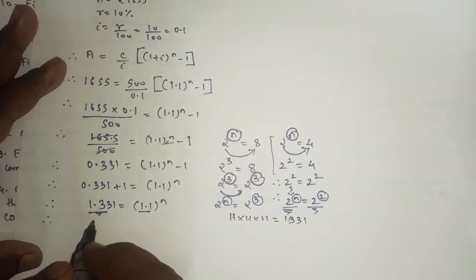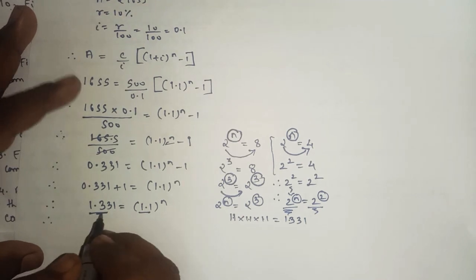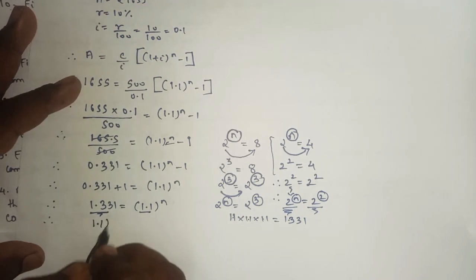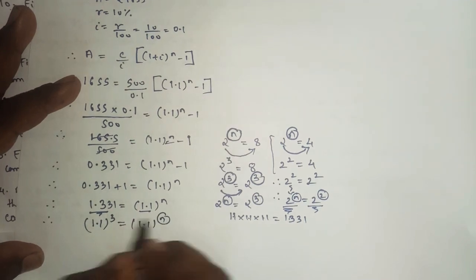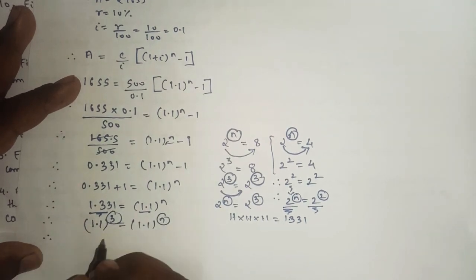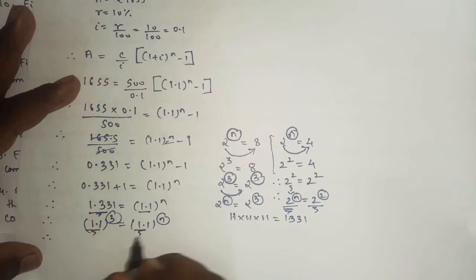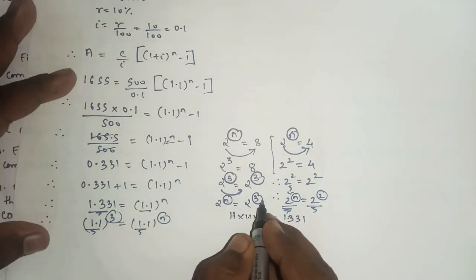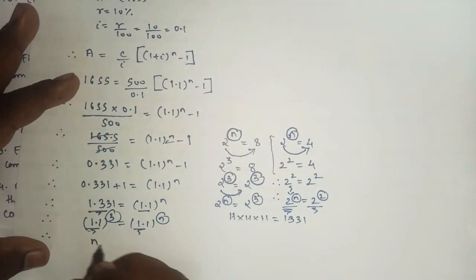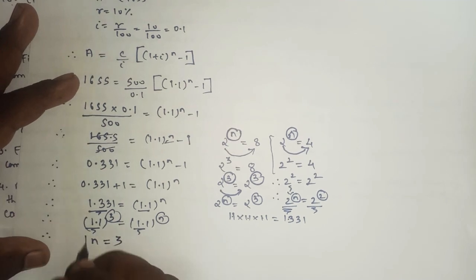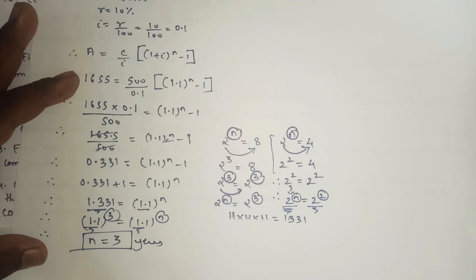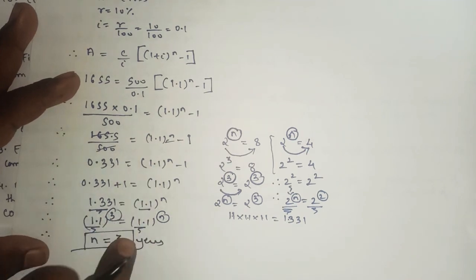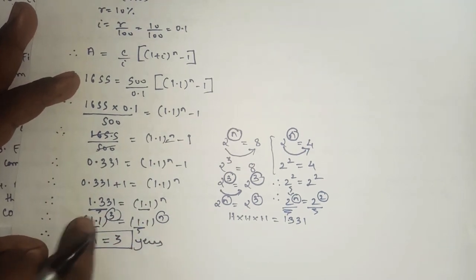So clearly it is the cube of 1.1, so it can be written as 1.1 raised to 3. Comparing the power, if the base is the same, we have to consider the power. So here the power is n, and we got the value of n as 3 years. So this is the method in which you have to find the value of n.